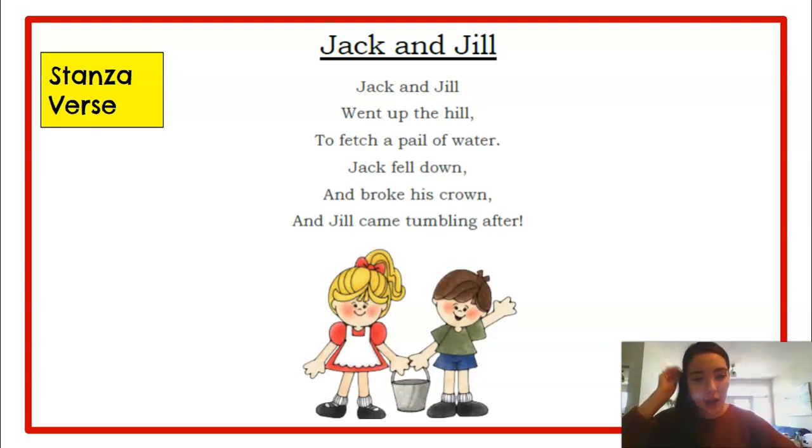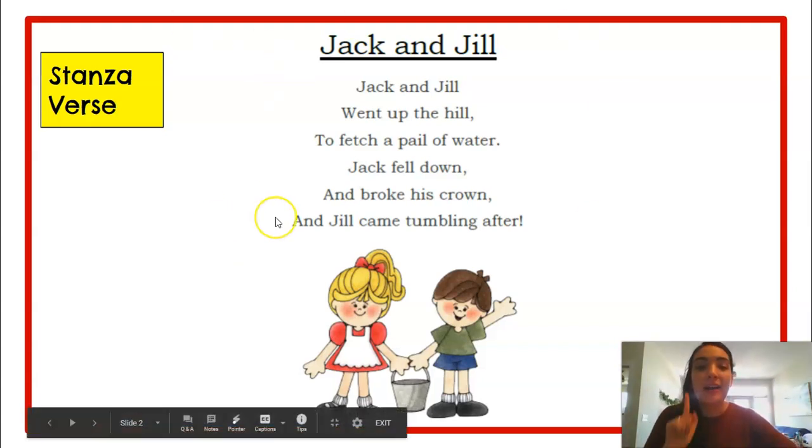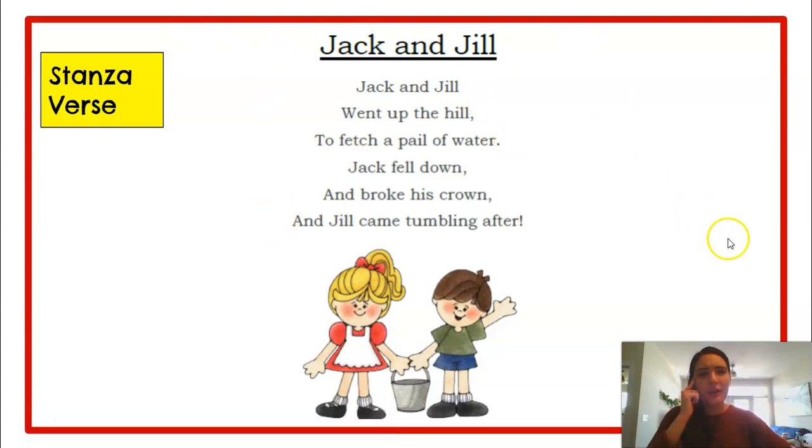So we've already talked about this poem that has 1 stanza and 6 verses. Now think in your head, what is this poem about? What is happening in this poem? Take a second and think about it.